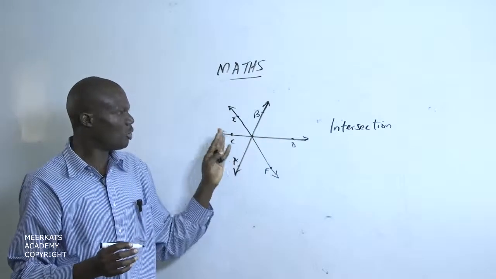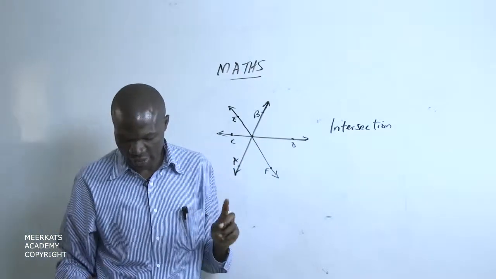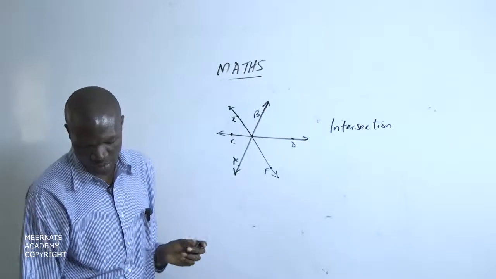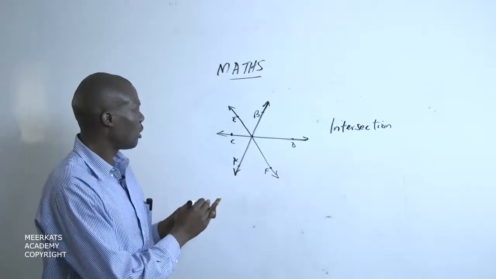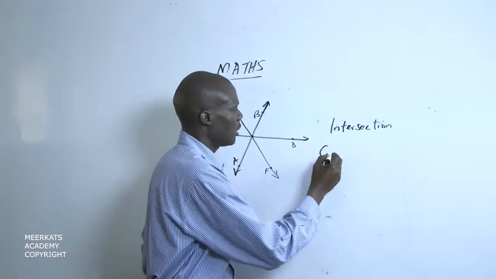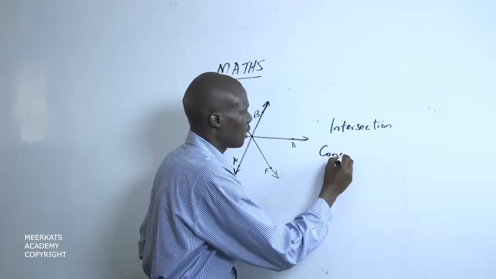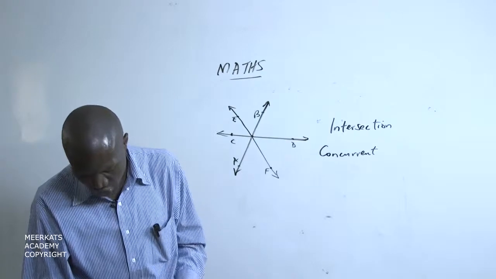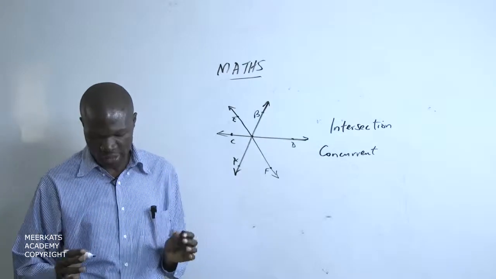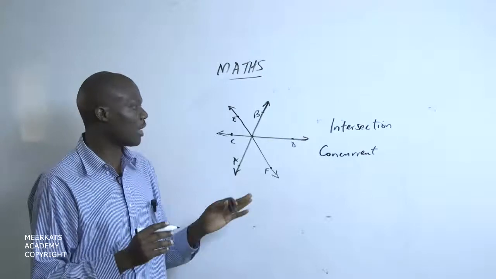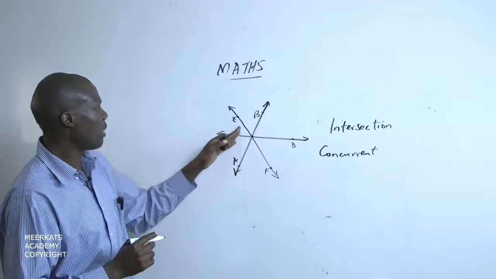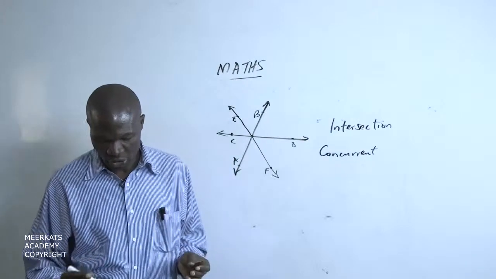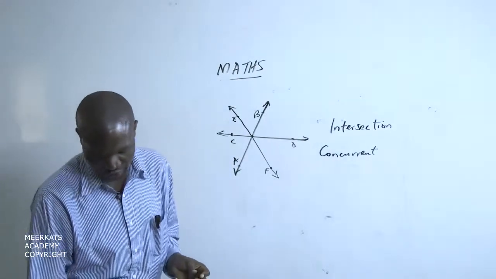When more than 2 lines intersect at the same point, we say that the lines are concurrent. So the lines AB, CD, and EF are said to be concurrent.